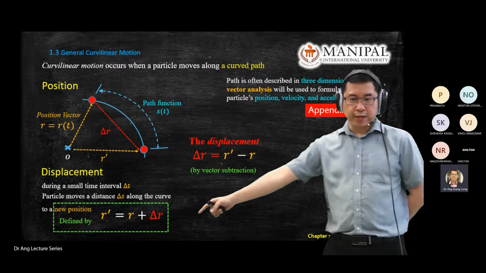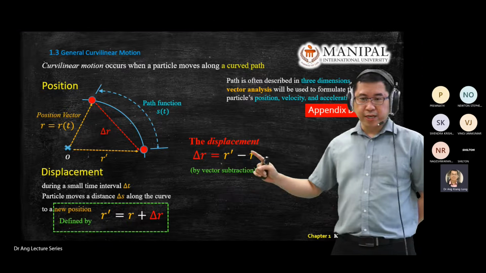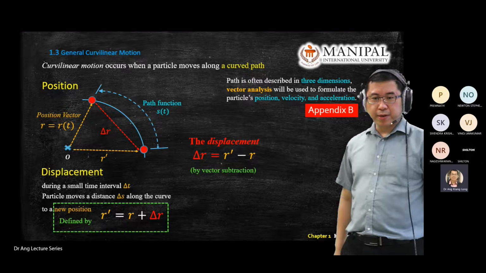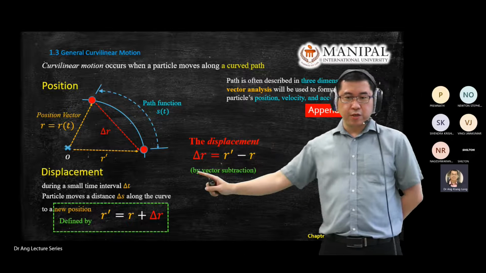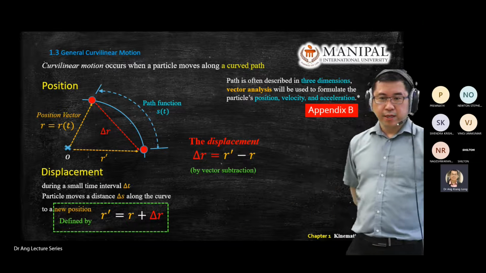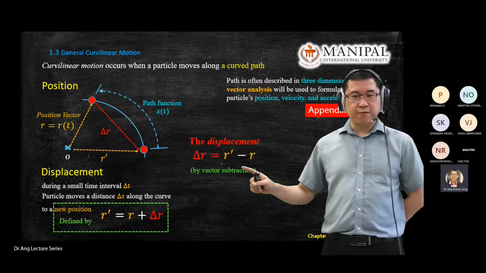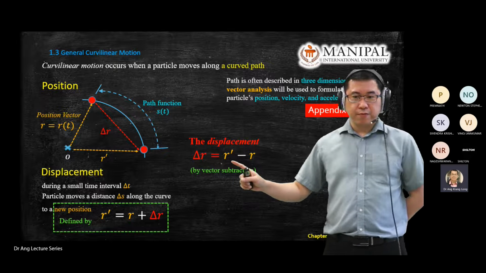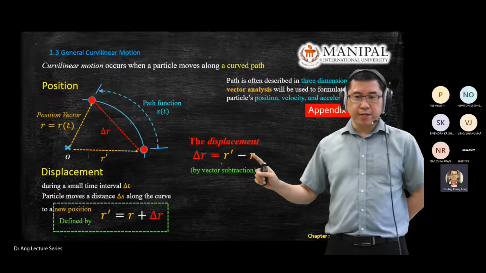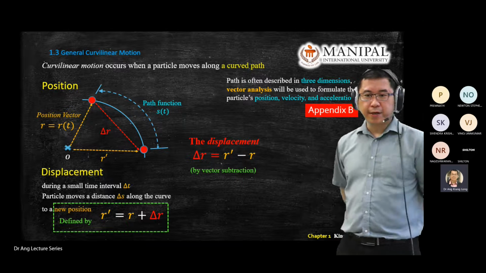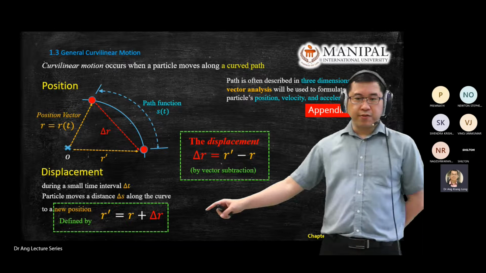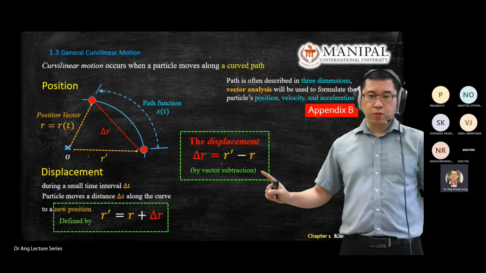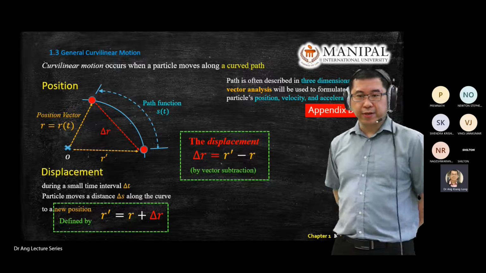Okay, so from here, you arrive at here. And remind yourself, what is the definition of displacement? We use delta R, and delta R is a vector subtraction. You take the end minus the beginning. Okay. So, second equation. If you understand this one, you're able to arrive at here.